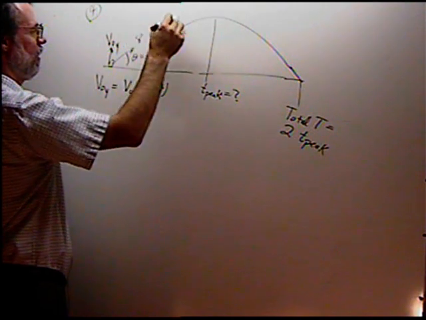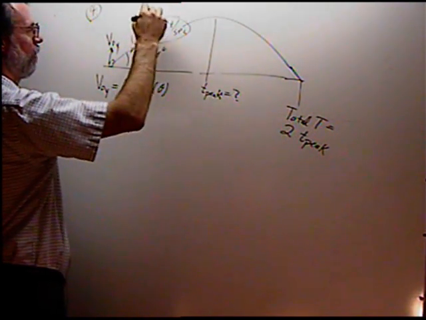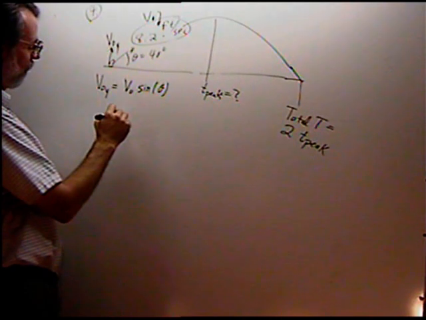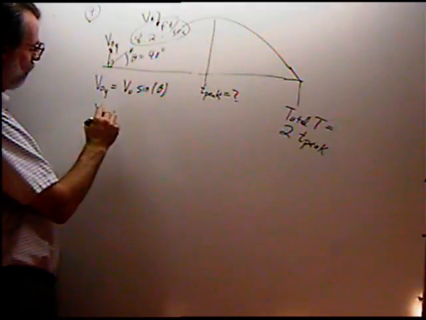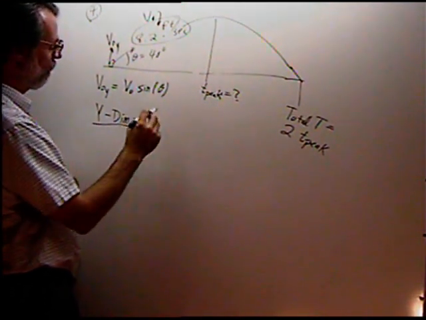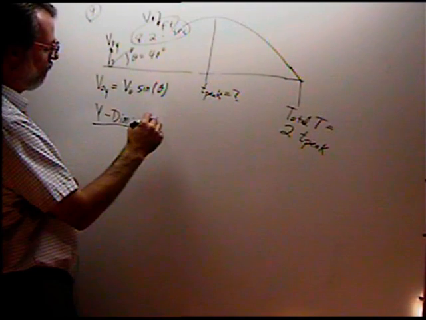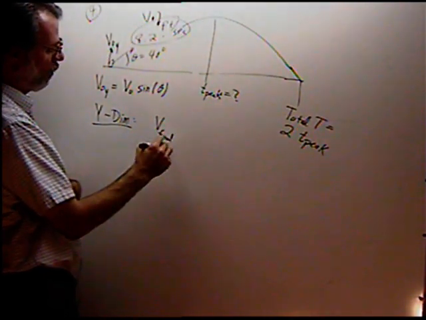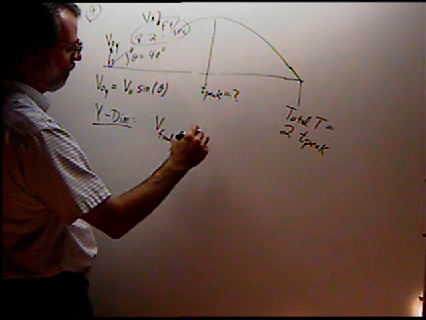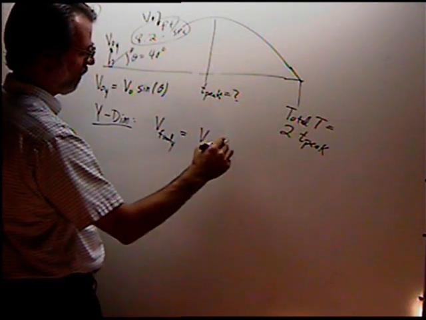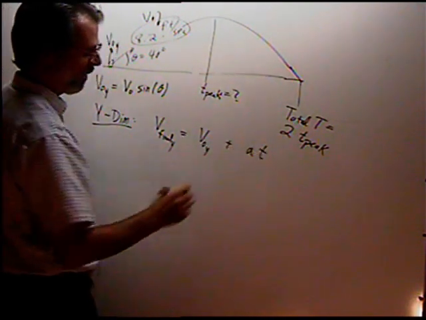That's equal to V0 sine theta. Now in the y dimension, the final velocity is equal to the initial velocity in the y dimension plus the acceleration times time.